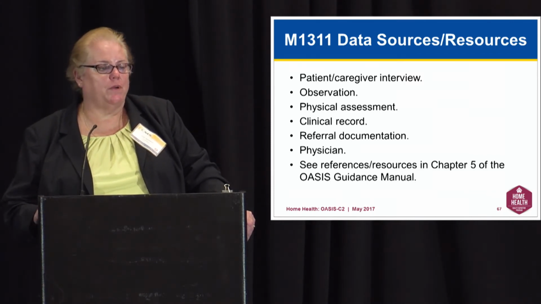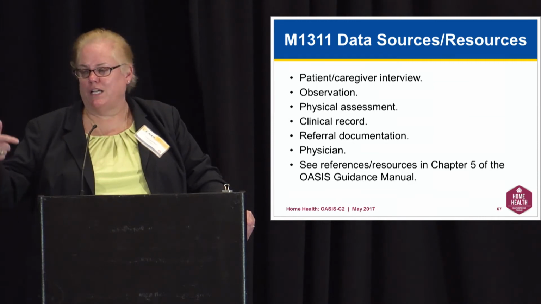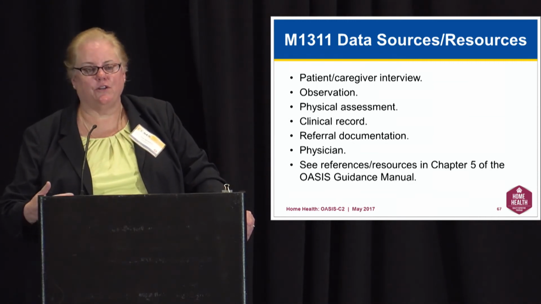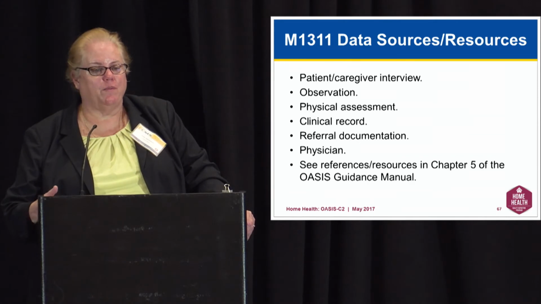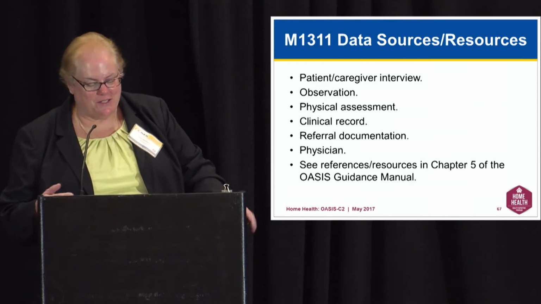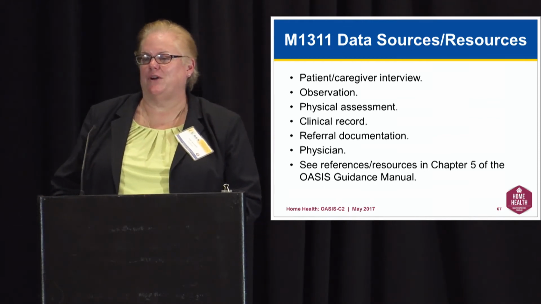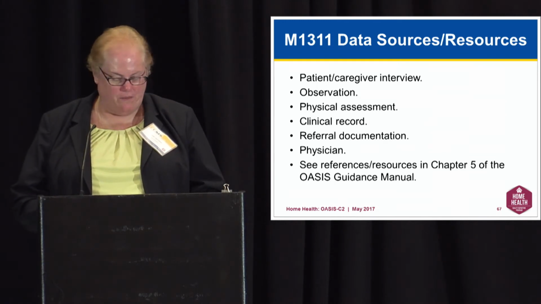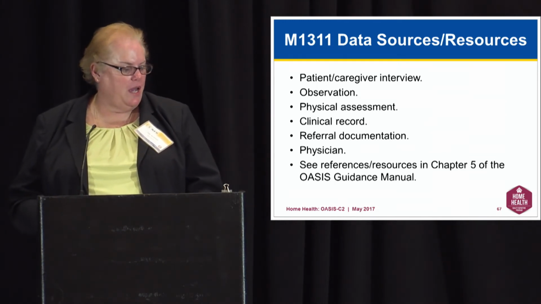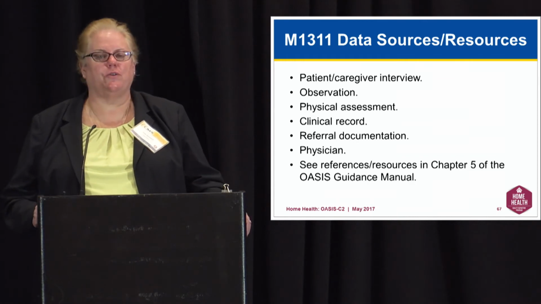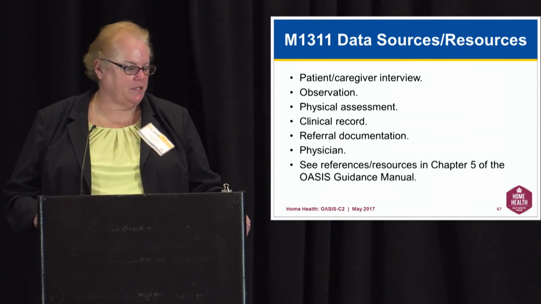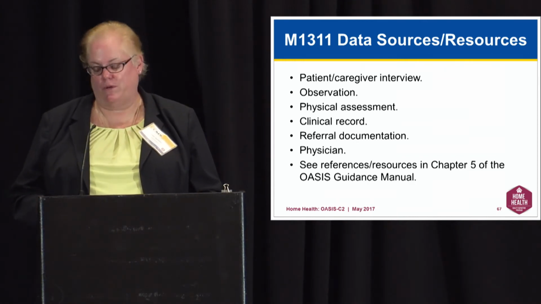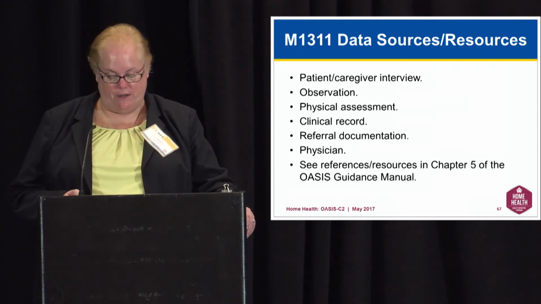I know in home care, by the time you get them, if they've been in the hospital and maybe a skilled nursing facility, you call their primary and they say, I didn't have any idea they were even in the hospital. So you may have to help inform the physician what is going on with that patient. And always make sure that you refer to the OASIS Guidance Manual. Chapter 5 will help you in coding any of these items.